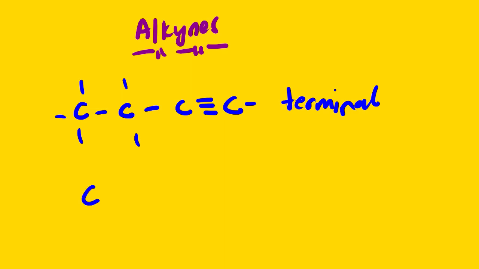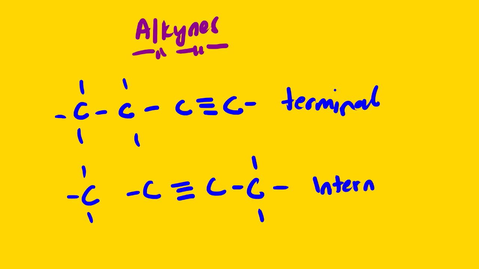And then we have internal alkynes. You can see that the triple bond is within the carbons which are in the middle.